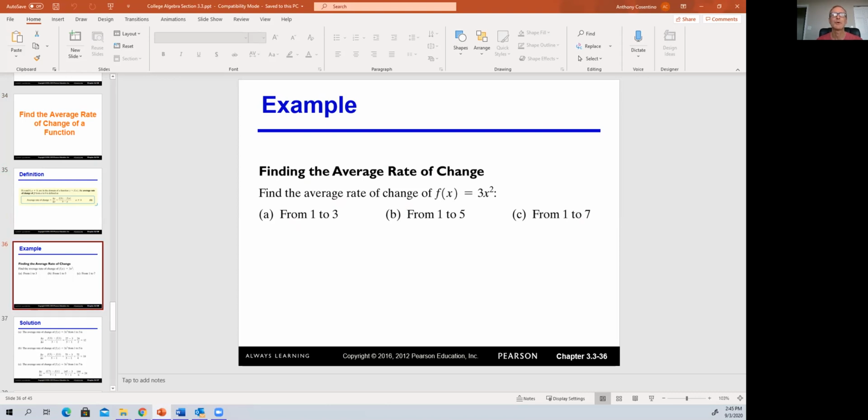And so the way that works, I'm going to get to the whiteboard now. Let's do the first one. So it was f of x equals 3x squared.